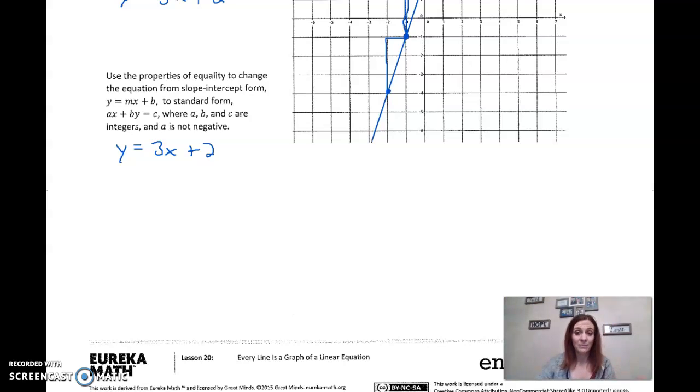And then I'll worry about the integers. Remember, here's my equal sign. I have y on the left side. I just got to get the x over there. So if I want to get rid of the x term on the right, I'm going to subtract it because it's a positive 3x. But whatever I do to one side, I have to do to the other. So I'm going to subtract 3x over here.